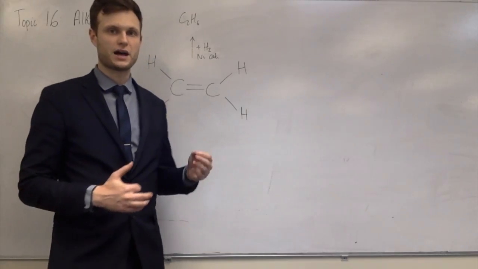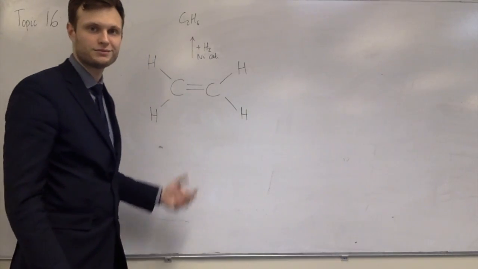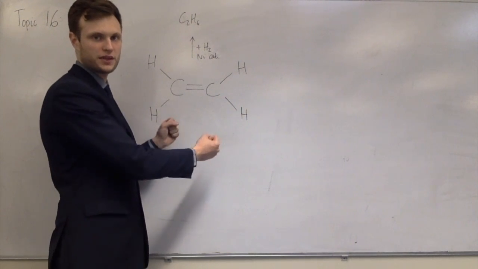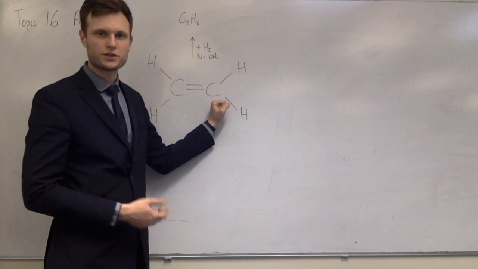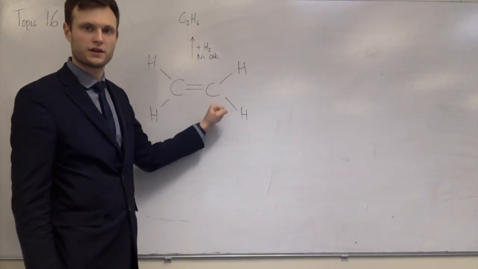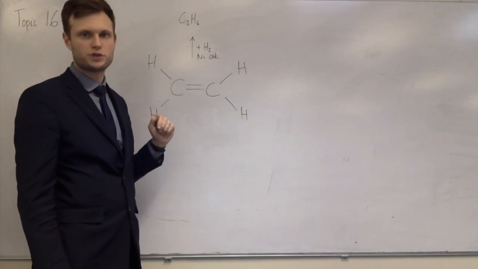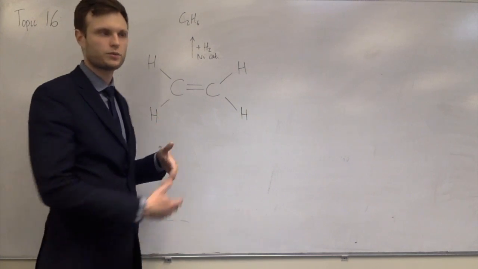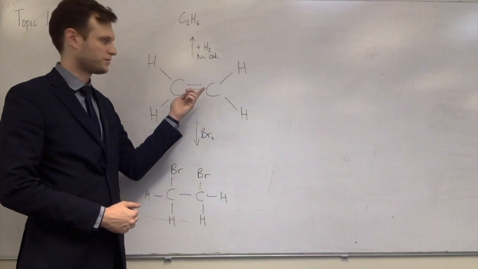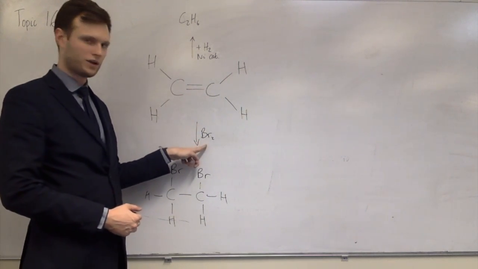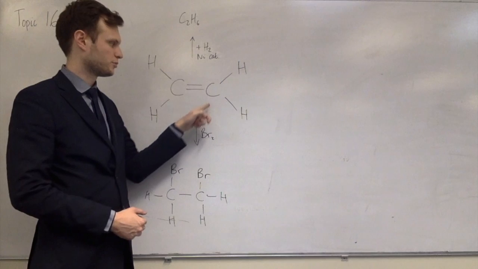Other things that you can add are halogens. If I took bromine and added bromine liquid to this, then 1 bromine would go onto 1 carbon, the other bromine of the diatomic molecule would go onto the other carbon, the double bond would break, and you'd end up with 1,2-dibromoethane. All we did was break the double bond, and then put 1 atom on 1 carbon, 1 atom on the other carbon.